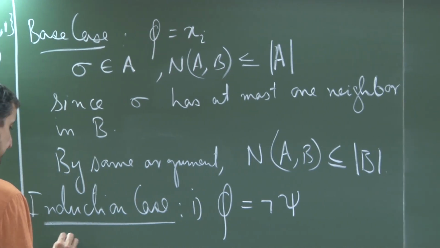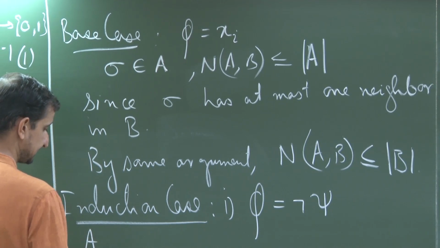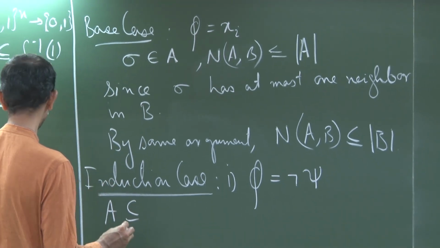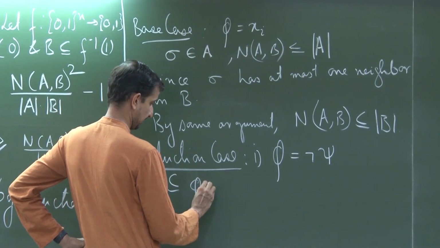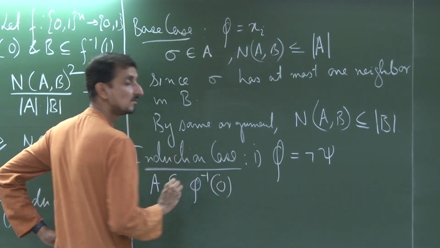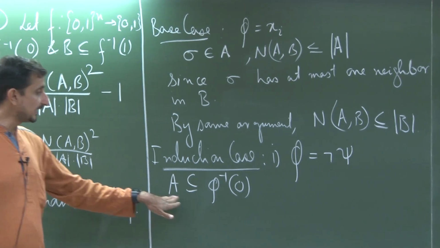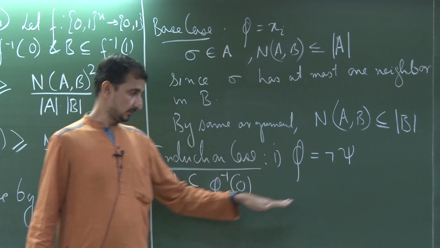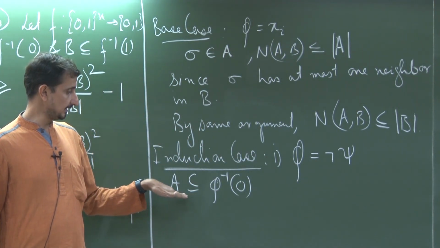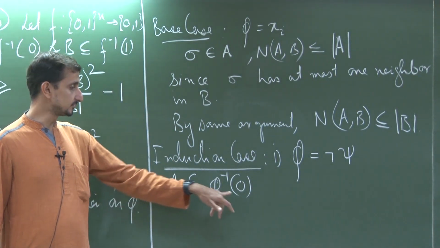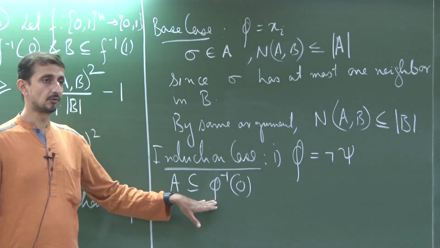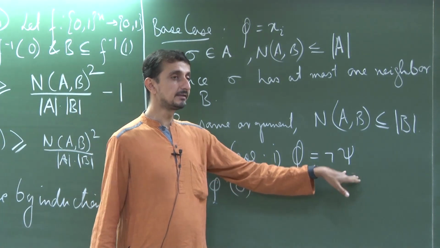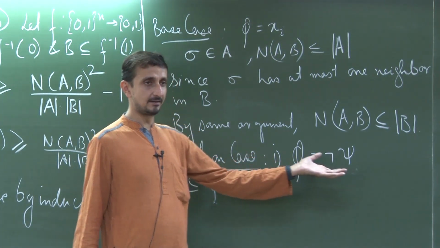Suppose I have a set A which is a subset of phi inverse 0. What can I say about A with respect to psi? A is basically a set of inputs which go to 0 in this formula phi. So, with respect to psi, it would go to 1, right.